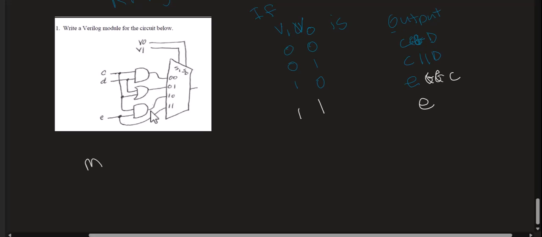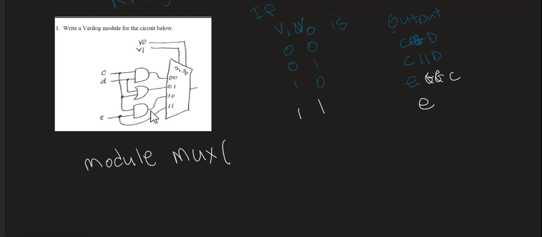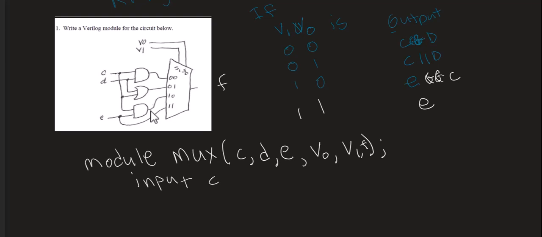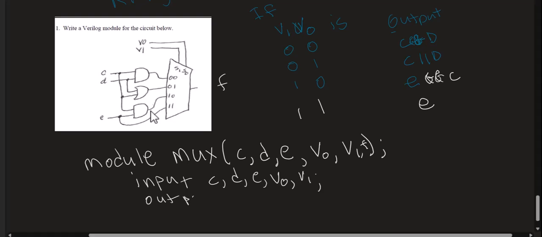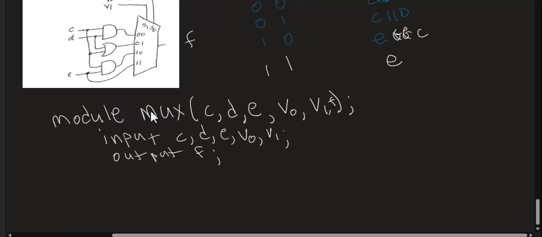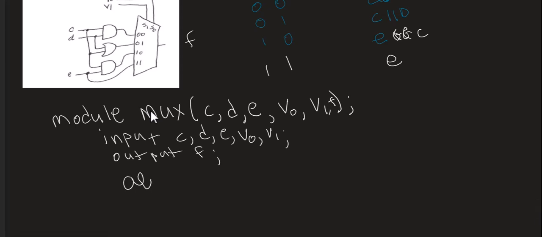So, module mux C D E V0 V1 and F. Input C D E V0 V1, output F, and we'll have an always block.